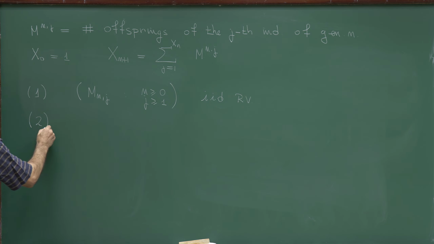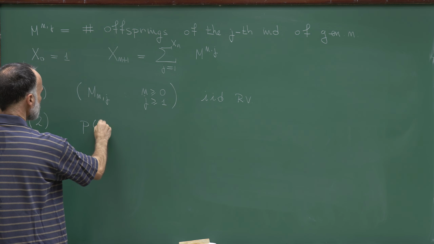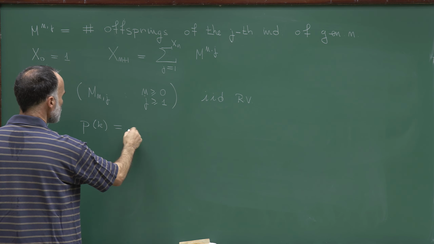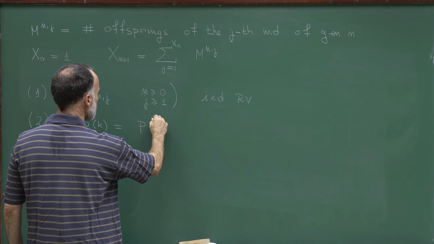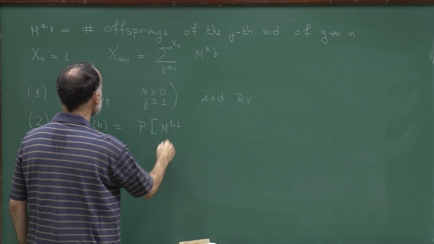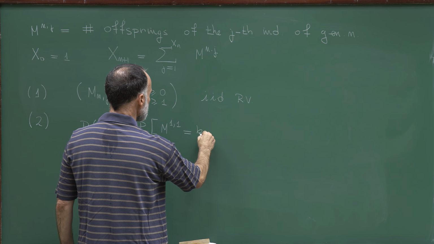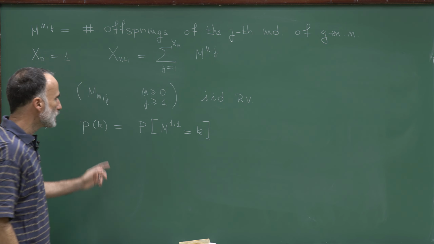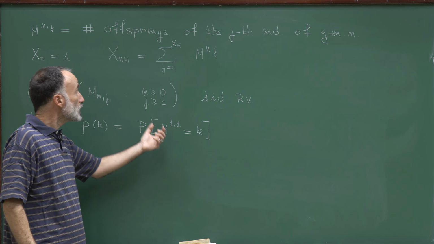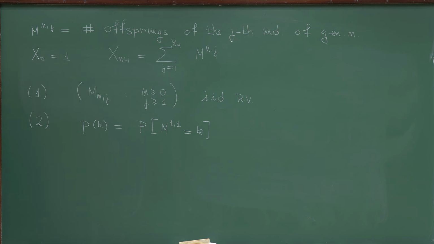And then let's represent by p_k the probability that one of these variables, let's say m_{1,1}, is equal to k. So I'm representing by p_k the probability that one individual of this population has k offsprings.